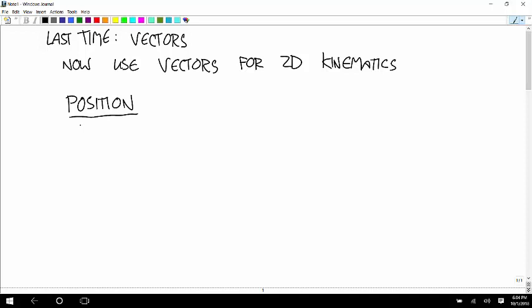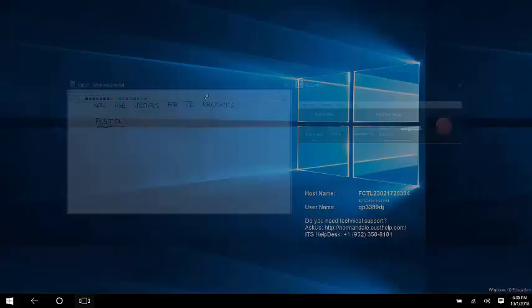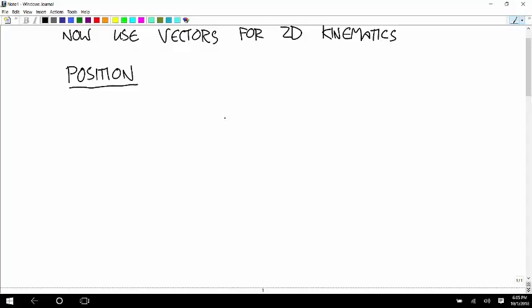Okay, so in 2 dimensions, say you have an object. So in 1D, the object we were talking about was a train. So I'm going to draw a train again. But now it's in 2D. So it's not confined to a train track anymore.